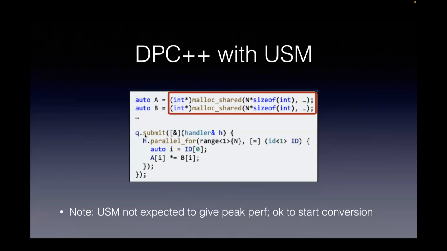Now you then go back to a q.submit. Remember this is DPC++ code, so you still have to use q.submit to submit kernels to a particular queue for which you've been given a handler. And inside the handler, you have a parallel_for to launch a kernel. But now inside the parallel_for, to get access to A and B, I don't need to create any accessors.